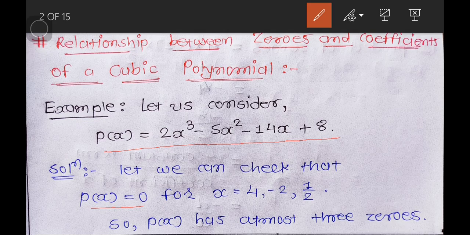So now we check that p of x is equal to 0 for the values x equal to 4, minus 2 and half. If we replace x by these values in p of x and get p of x equal to 0, then we can say that the given values of x are zeros of the given polynomial. So p of x has at most 3 zeros, as we know.